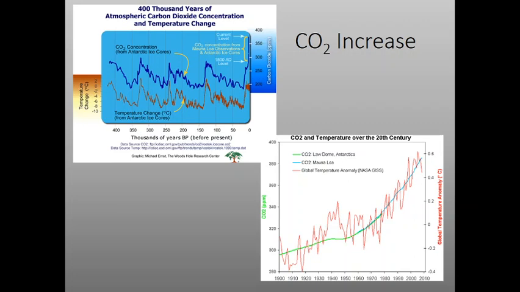Now, we have been directly measuring the CO2 in Hawaii, on the top of a mountain on the Big Island, Mauna Loa. There's an observatory, and they figured that this would be a great place to start measuring carbon dioxide because it's at like 14 or 15,000 feet, and it's not exposed to a lot of human impact or industry or anything.